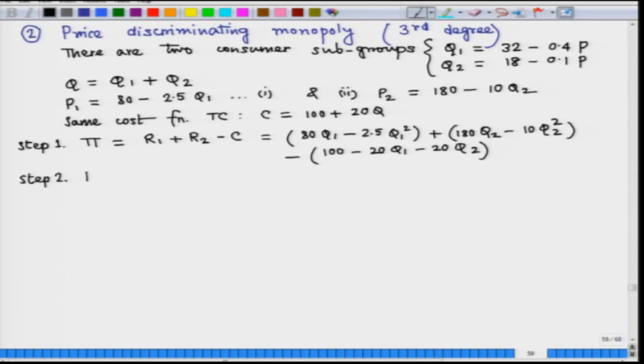So, I give you the final expression of the marginal revenue curves in these two markets, okay, and I name this number 3, and MR2 equals 180 minus 20 Q2, that is my number 4 expression.